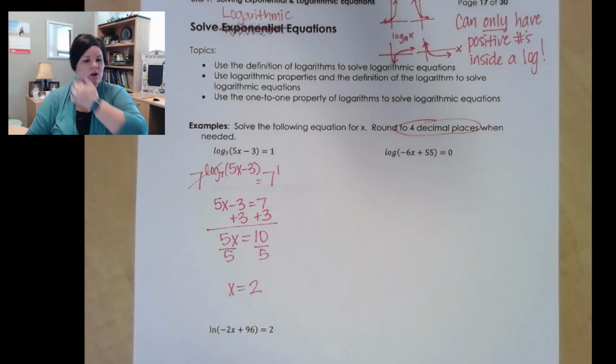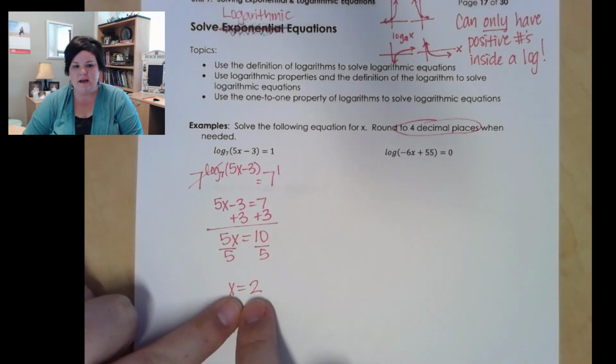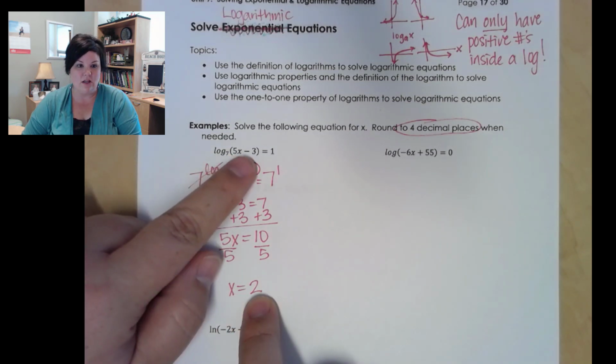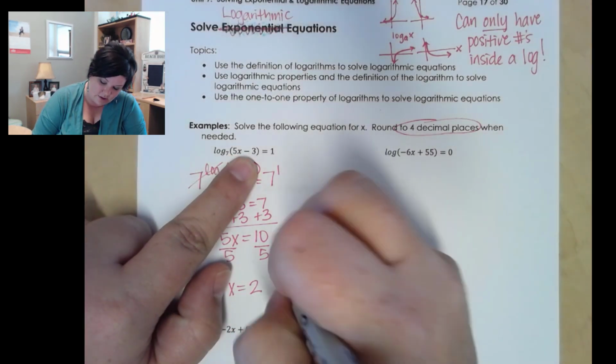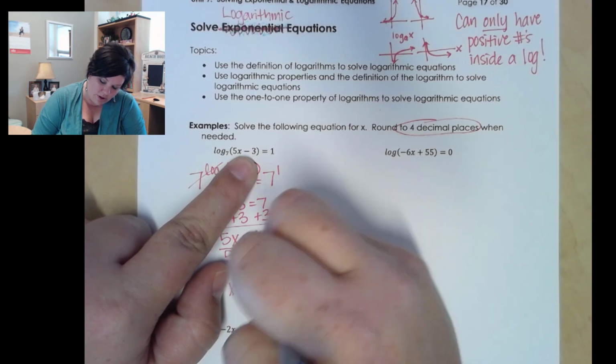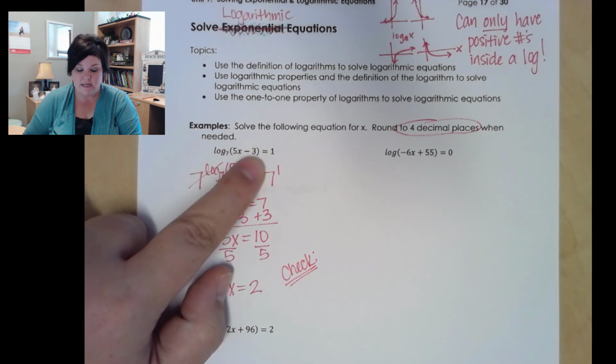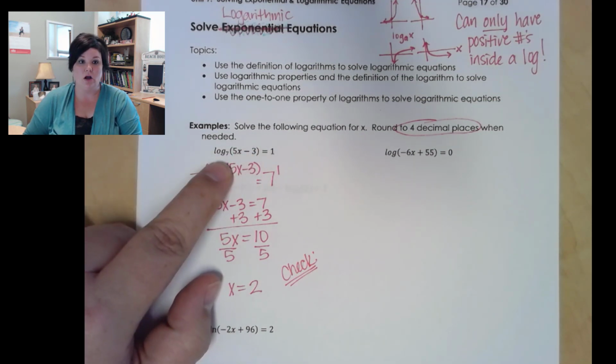Okay, so look at our answer. We got 2. Now, it doesn't matter if 2 is positive, negative, or 0. What I'm talking about is what's inside this log. We have to check that answer. So I'm going to write here, we're just going to check this inside quantity, because that inside quantity, whatever that equals, that's what we're plugging into our log base 7.